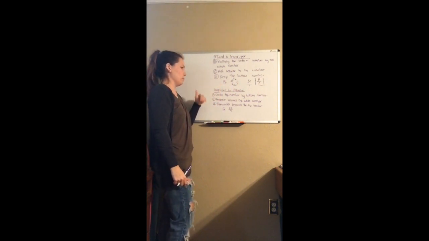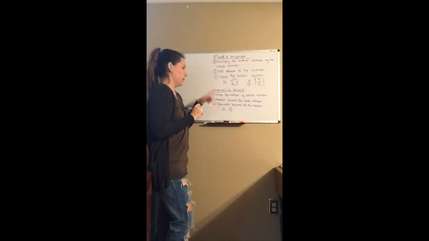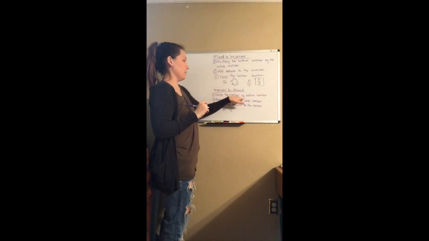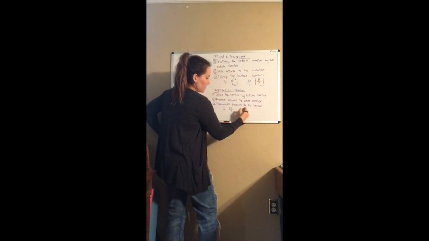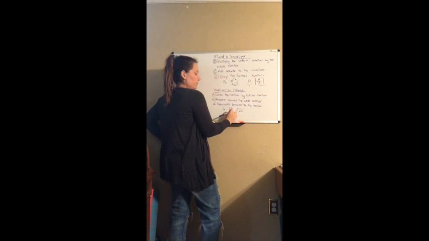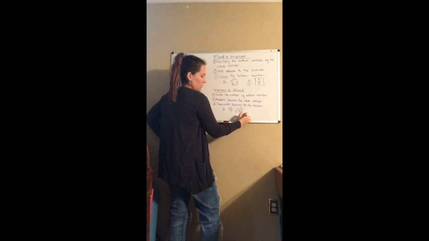So to go from improper to mixed, we're going the opposite direction. Instead of multiplying, we're going to divide the top number by the bottom number. So 22 divided by 5. 5 goes into 22 4 times. And 4 times 5 is 20, and we have a remainder of 2.